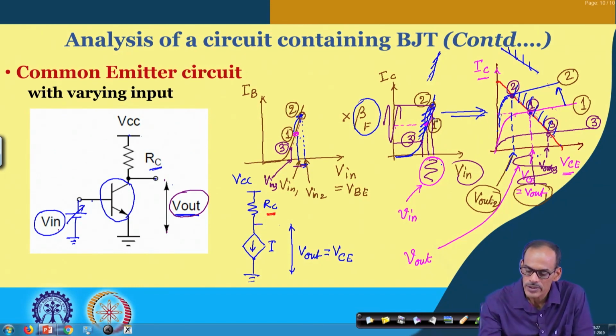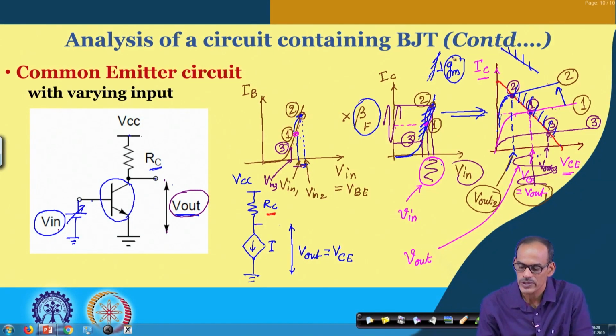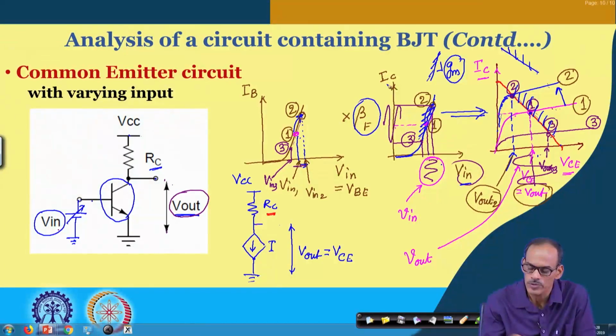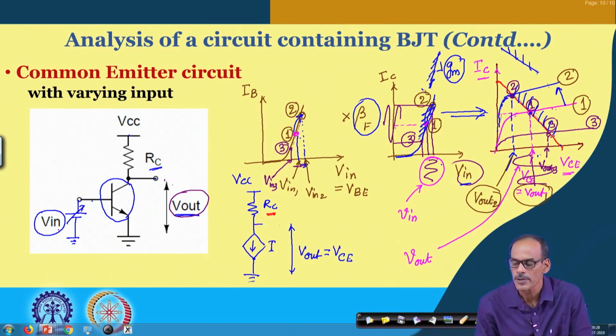If I say that the slope of this line is G m, called transconductance of the circuit. Why is it called transconductance? Of course, it is a current to voltage relationship, that is why it is conductance, and also it is relating input voltage to output current, or collector terminal current, that is why it is called transconductance.